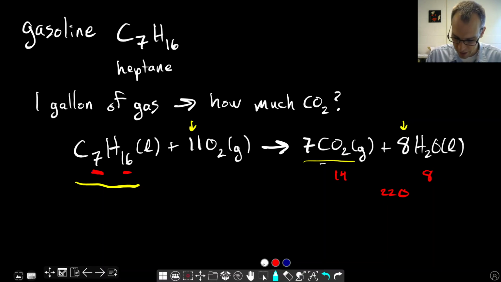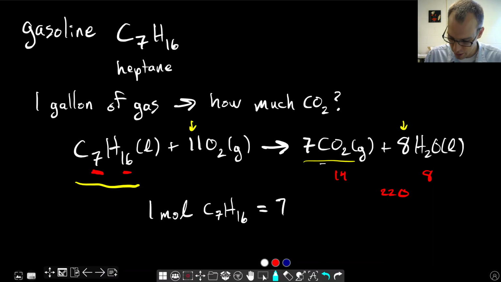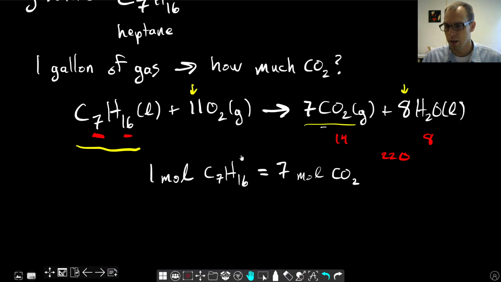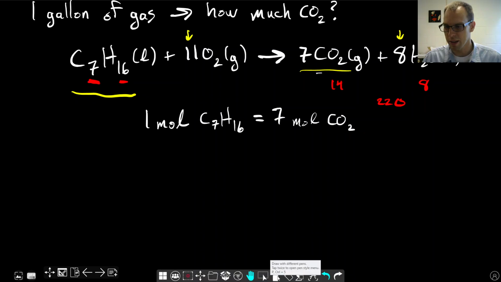So what that tells us is that when this reaction occurs, 1 mole of heptane, C7H16, will give us, or be equal to, once the reaction is complete, 7 moles of CO2. And it tells us nothing about mass, but it does tell us about moles. All right, and so that is one of the key things here, is that we have our relationship now between our C7H16 and our CO2.